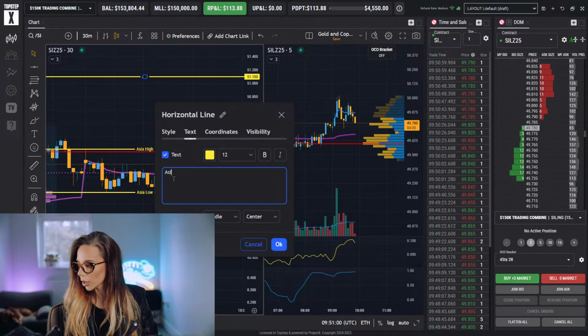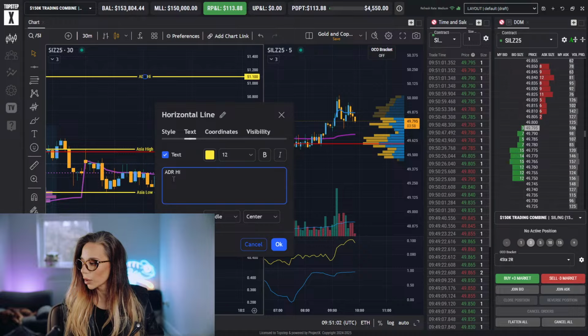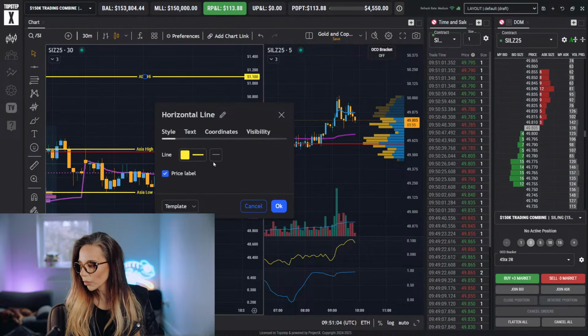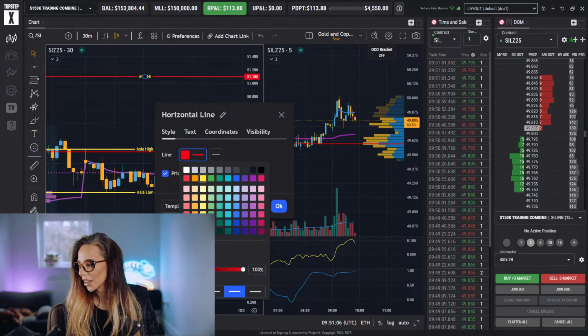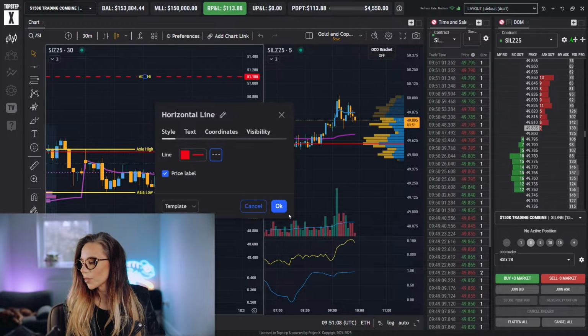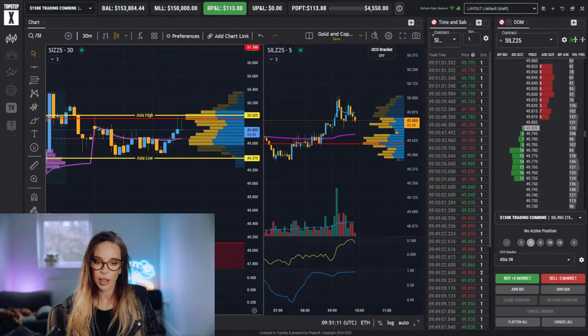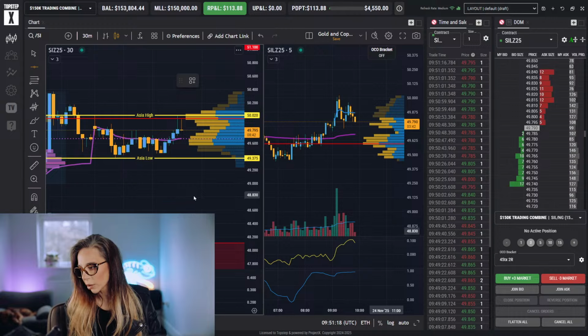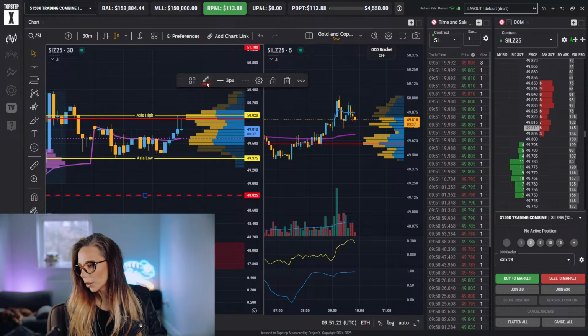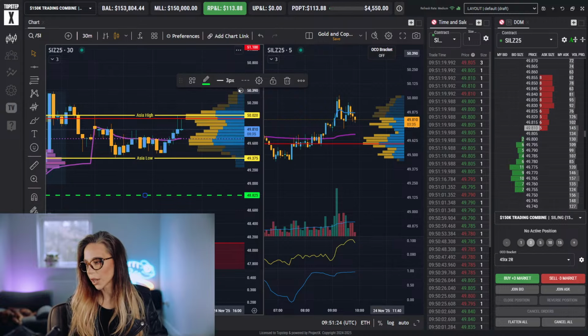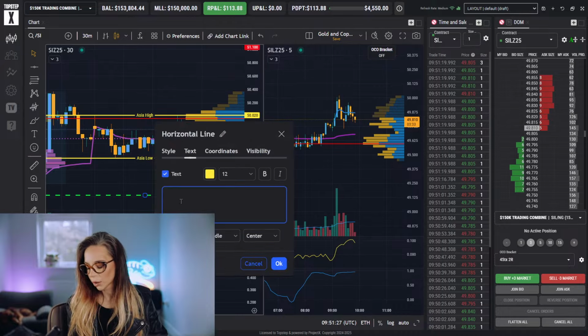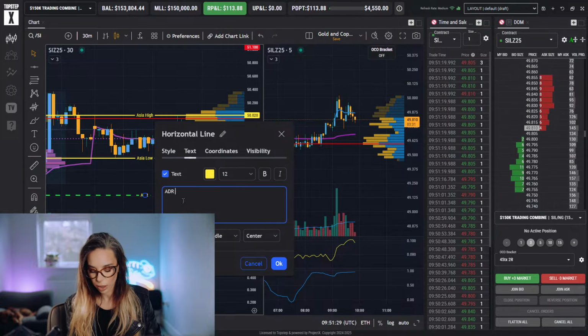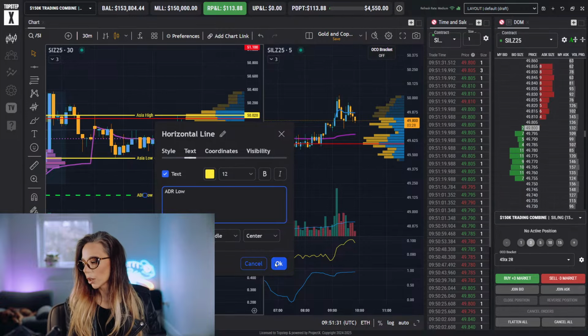I'm trying to make this work, but my voice is just not playing ball. Okay, and then ADR low is 48.27. So we've got a fair bit of a range here. Let's say 30, 25, 30. That'll do. Because my platform does the exact numbers, not right tick necessarily. It's being very pedantic. Okay.